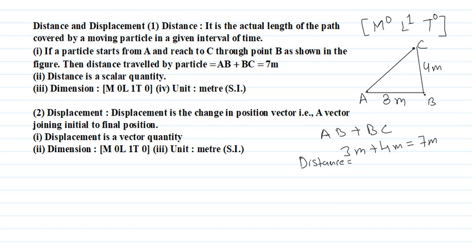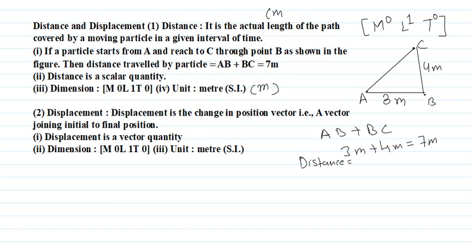So M0 L1 T0 is the dimension of distance. And what is the unit? The unit of distance is meter, denoted as small letter m. That is the SI unit of distance. And the CGS unit will be centimeter. We have discussed that.